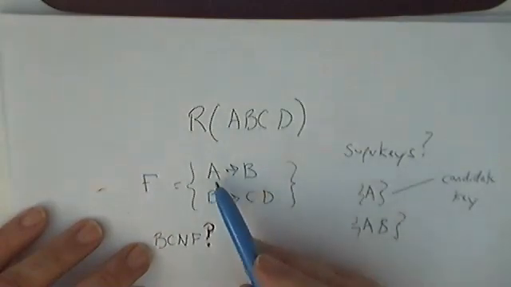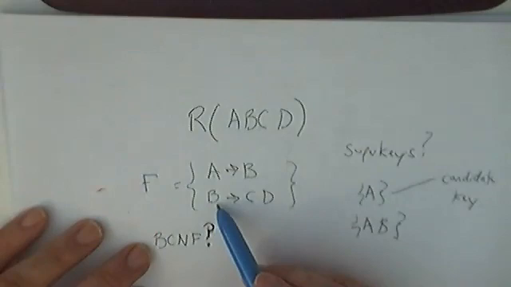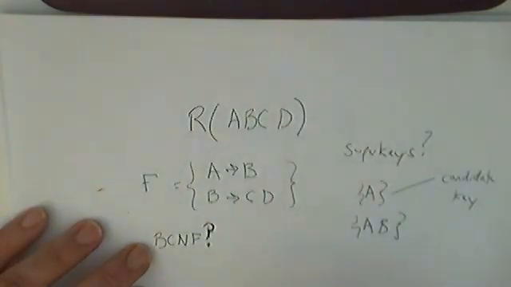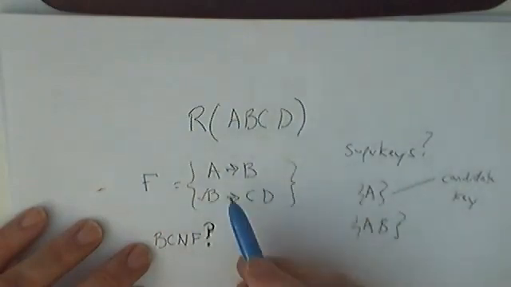So is A a superkey? Yes. Is B a superkey? No. Therefore, this is not in BCNF. The violating functional dependency is B goes to C, D.